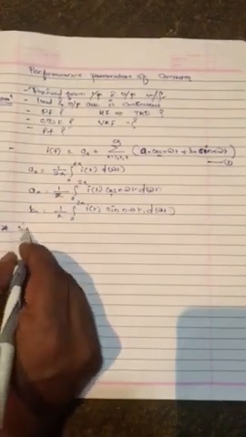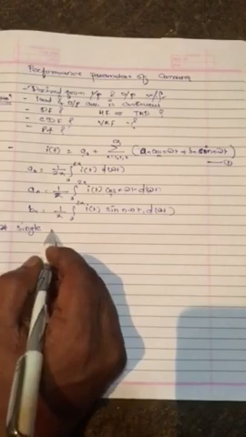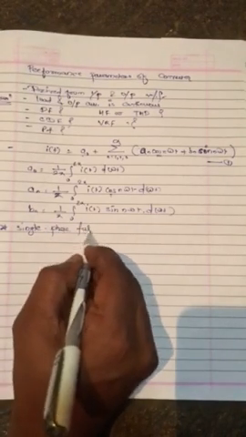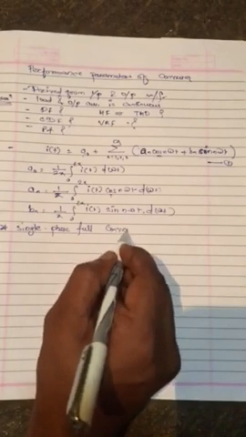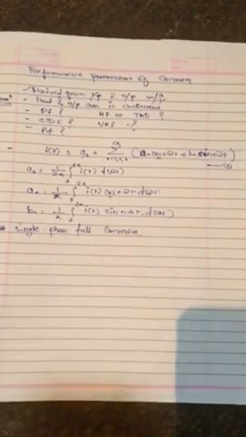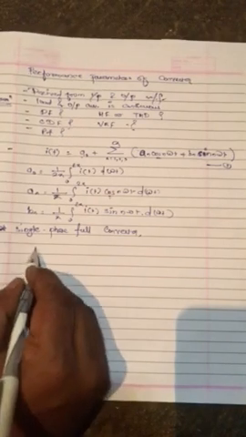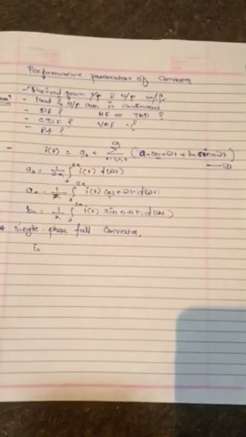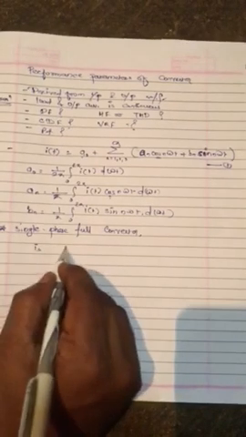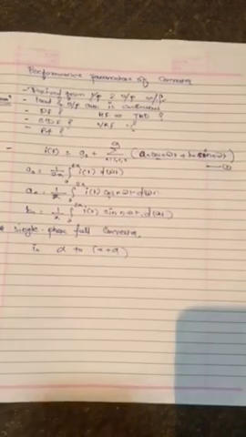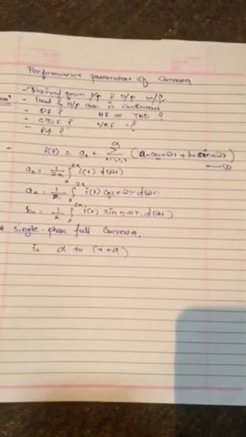Now for the single phase full wave converter, we know that the source current Is, if you remember the waveform of the source current, is generally from alpha to pi plus alpha. If you remember, or else I will draw it for you.